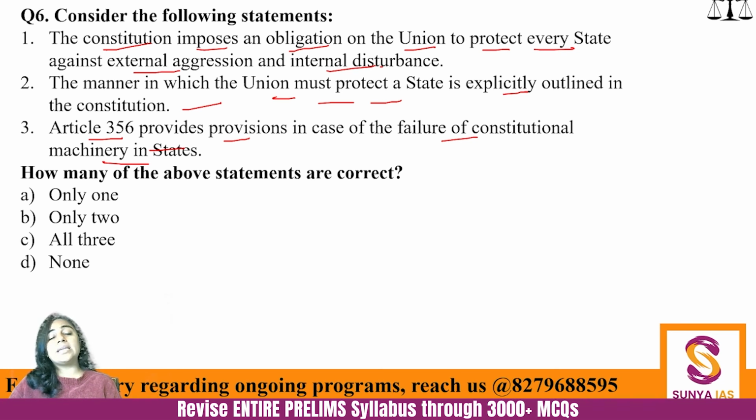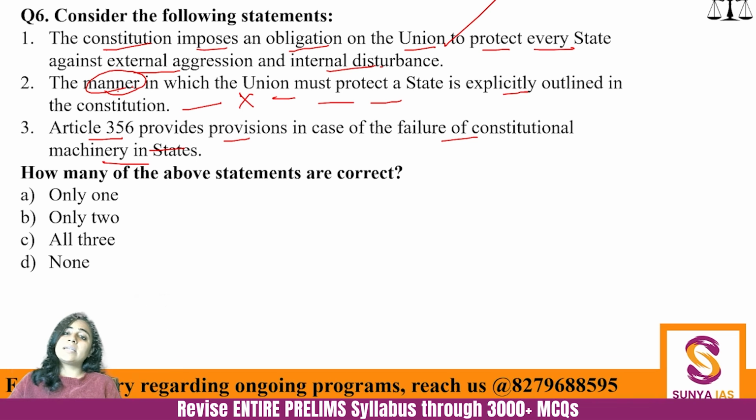Now, which statement is absolutely correct over here? The Constitution will never talk about the exact manner in which this particular thing is to be done. So never explicitly will it have the manner. So this becomes incorrect.